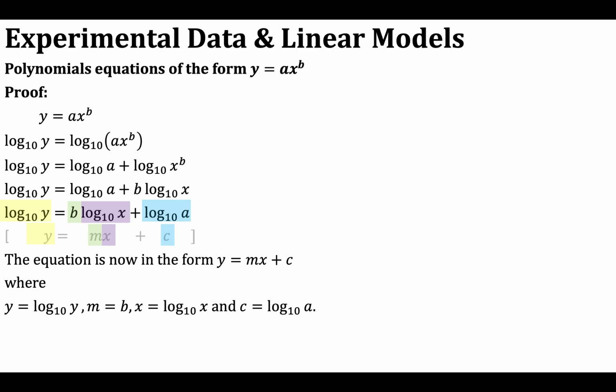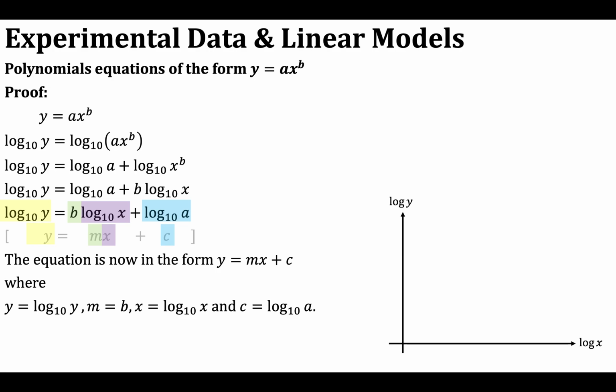So let's try and picture what that actually is. Instead of an x and y axis, I've got two axes, log to the base 10 of x and log to the base 10 of y. Now remember, I've just written log x and log y here on my axes. Remember, we always assume that it's log to the base 10 because we work in base 10.